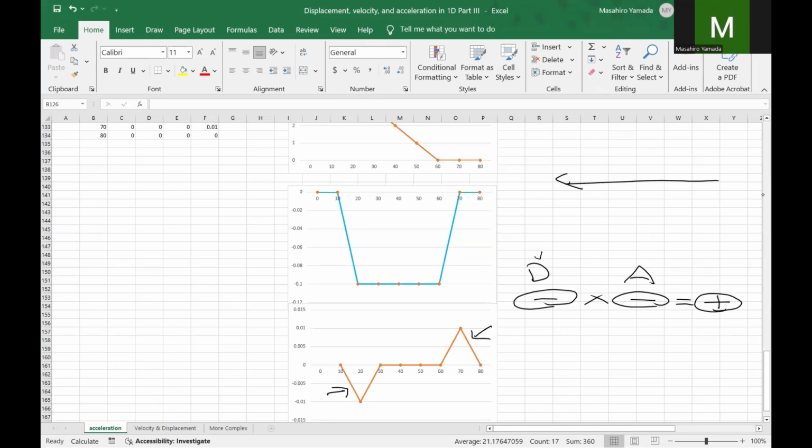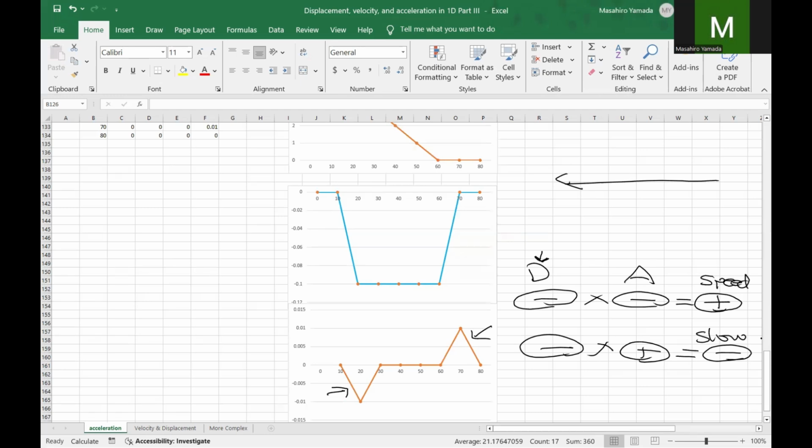When the direction is negative, the negative acceleration actually indicates speeding up. When the direction is negative and now you see the positive deflection in the acceleration curve, that means negative times positive, therefore you are slowing down.